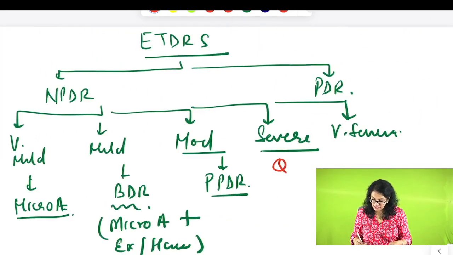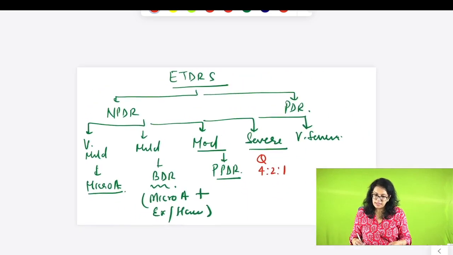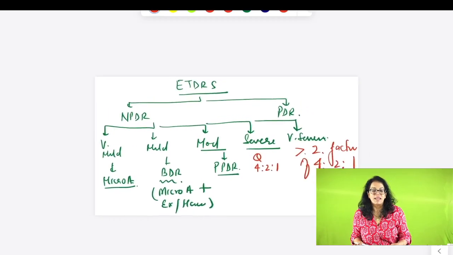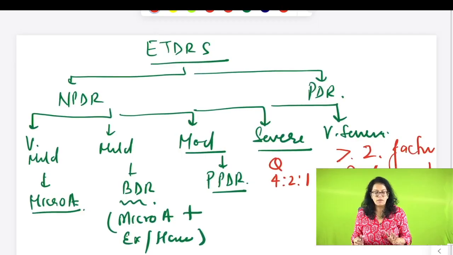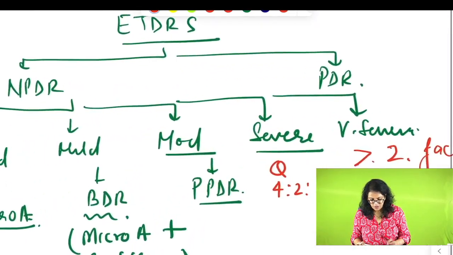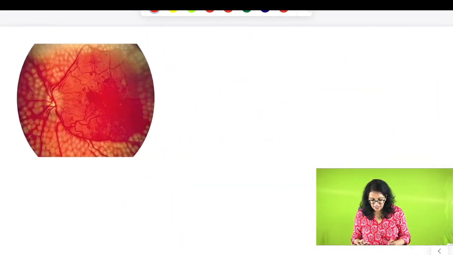Okay, so here severe is defined as the 4:2:1 rule, and then very severe NPDR is more than 2 conditions of this rule, more than 2 factors or features of the 4:2:1 rule, right? If you're getting this, this is what is your very severe NPDR. Okay, and PDR, of course, is proliferative diabetic retinopathy. There you're getting NVD or NVE. Okay, I think this was a quick discussion here. You have to revise it.